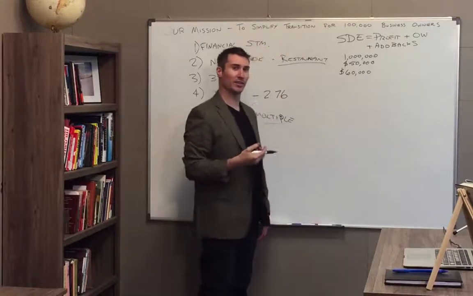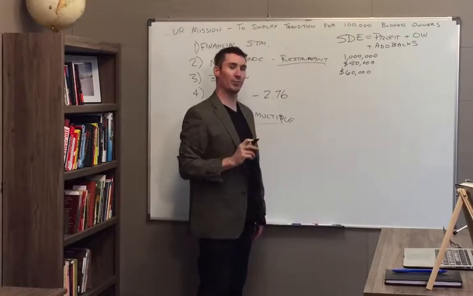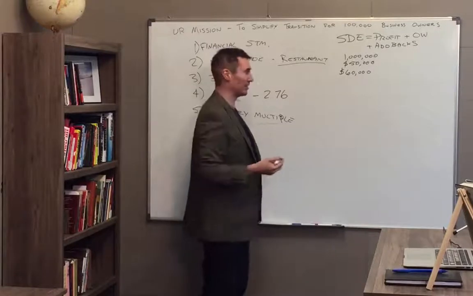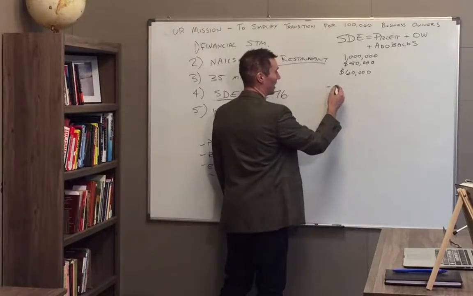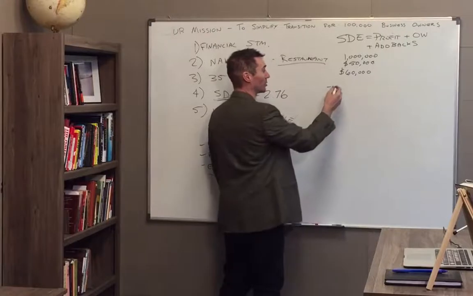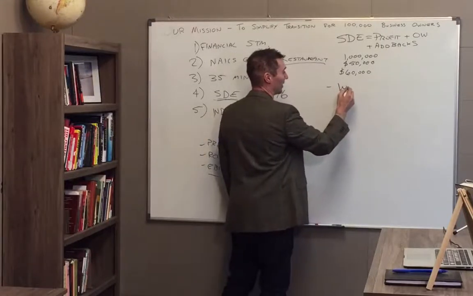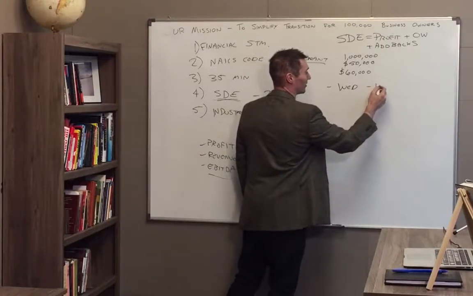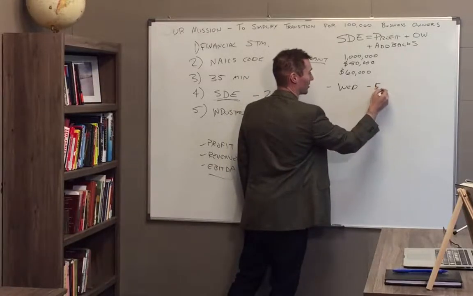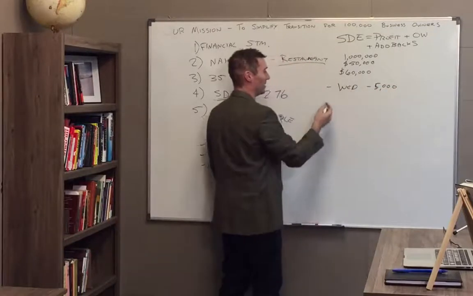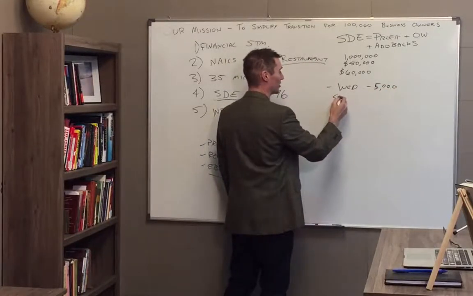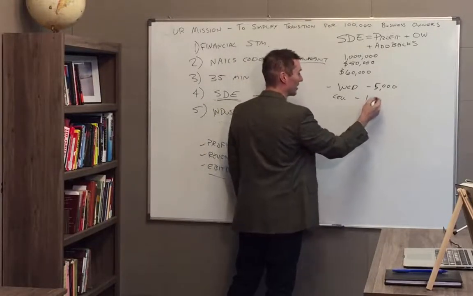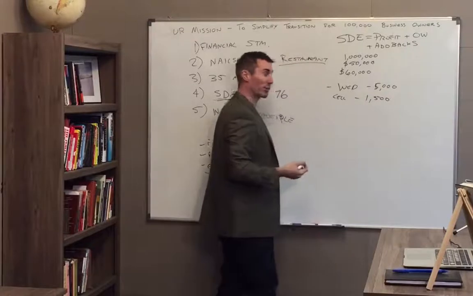Add backs are expenses of the company that aren't actually needed for the company to operate. For example, in our fictitious restaurant, we could have our owner paying for a daughter's wedding entertainment, and that ran through the company as an expense. It was $5,000 for the DJ. And then he's paying for his daughter's cell phone as well. She doesn't work at the company, but he's paying for her cell, and on an annual basis that's $1,500.